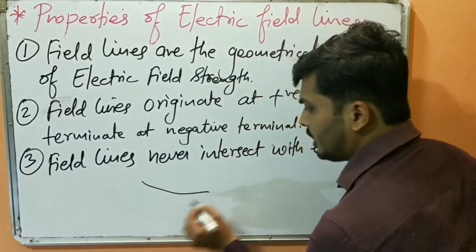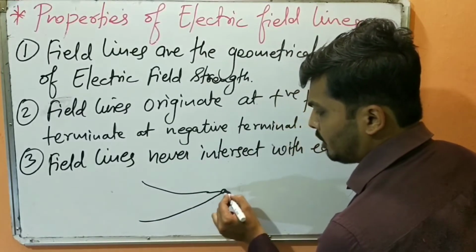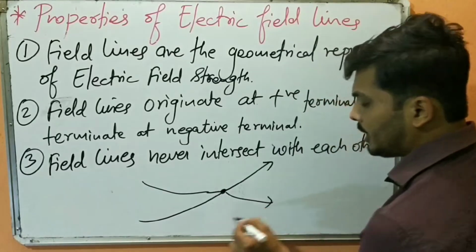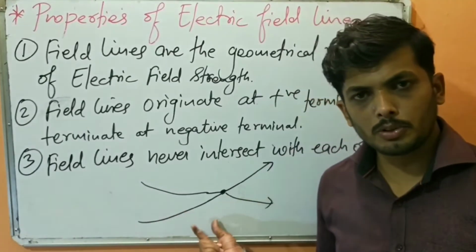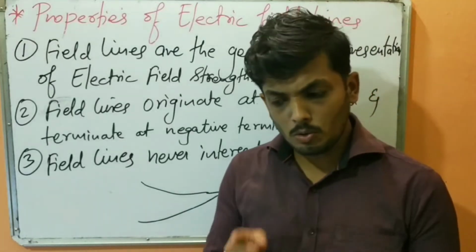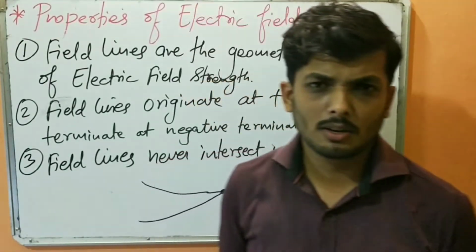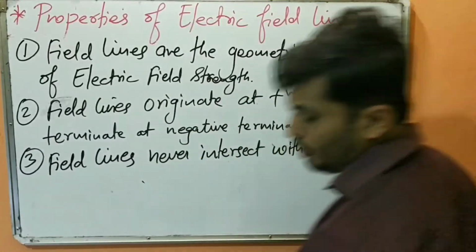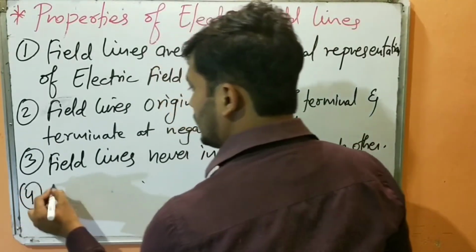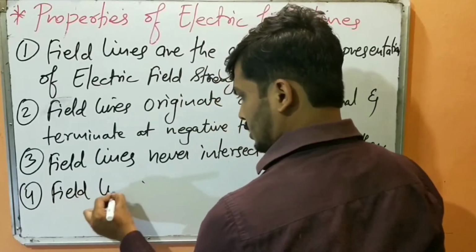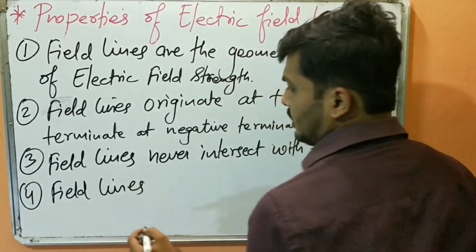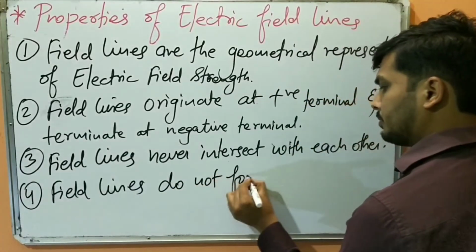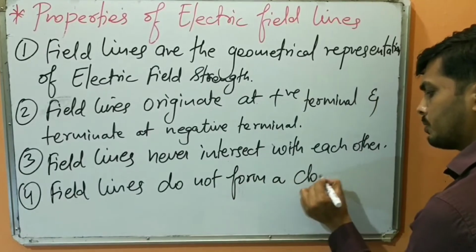Just imagine one line is coming from here and one line is coming from here, meeting at one common point P. From this common point they would again split into two different directions, tangentially, which is not possible. So you should always take care that two electric field lines will never intersect. Then from this you can make one more conclusion: electric field lines do not form a closed loop.